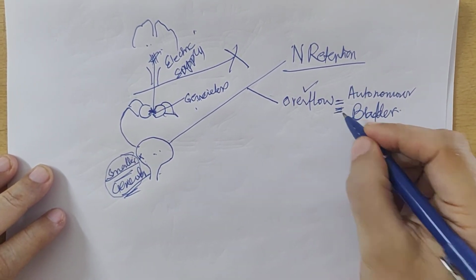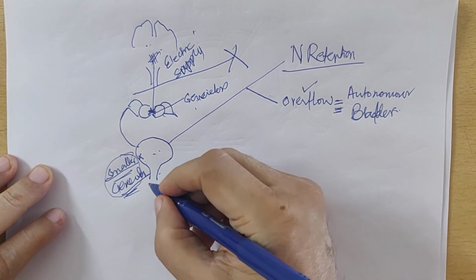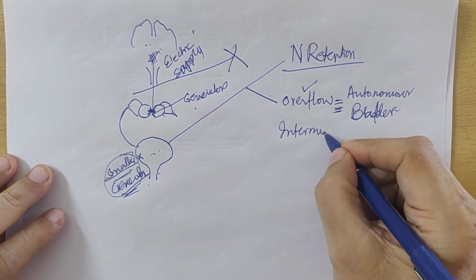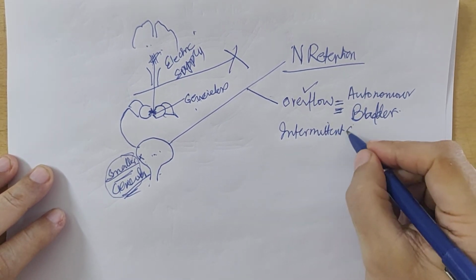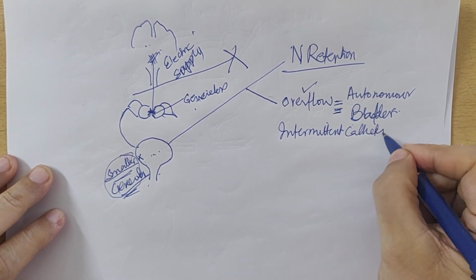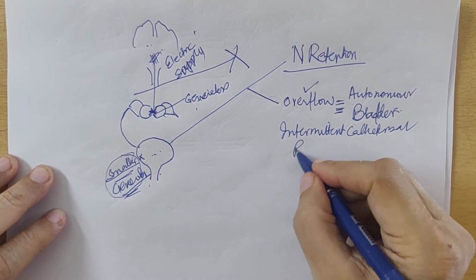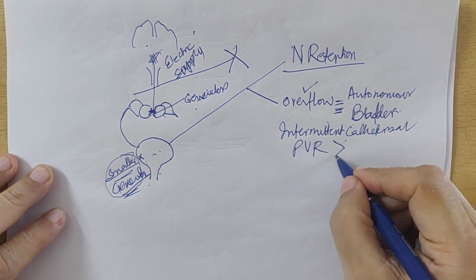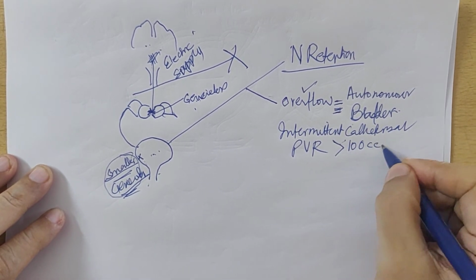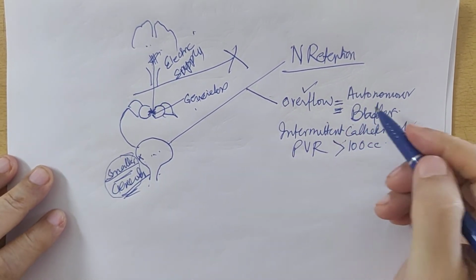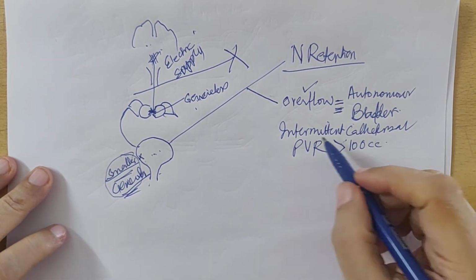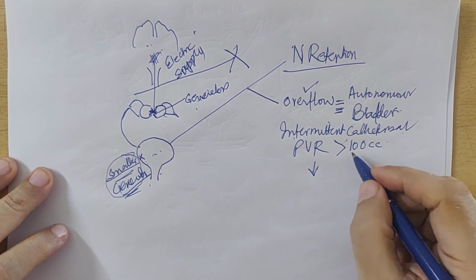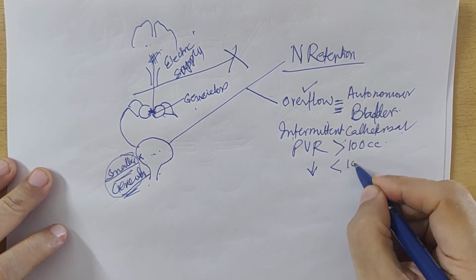And after the evacuation, if you do a catheterization, which is called intermittent catheterization, you would find that the post-void residual is greater than 100 cc. So the treatment of such an autonomous bladder is intermittent catheterization till post-void residual falls below 100 cc.